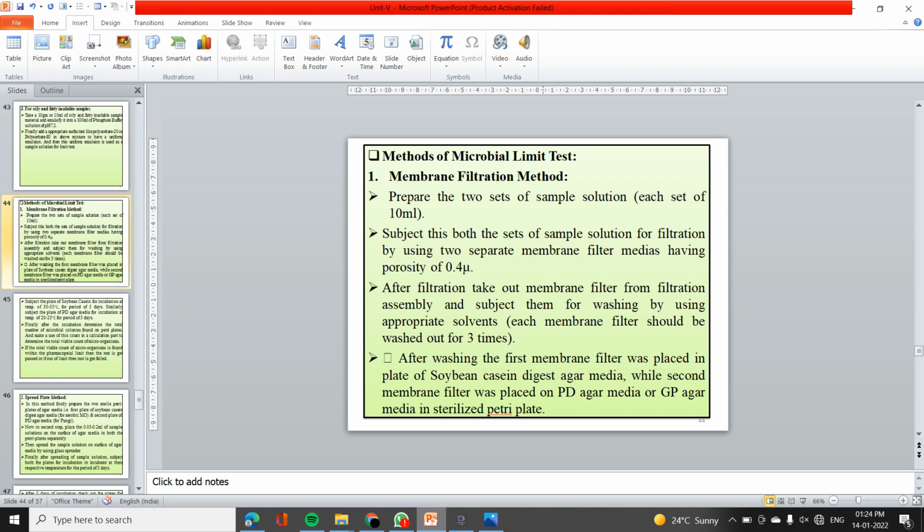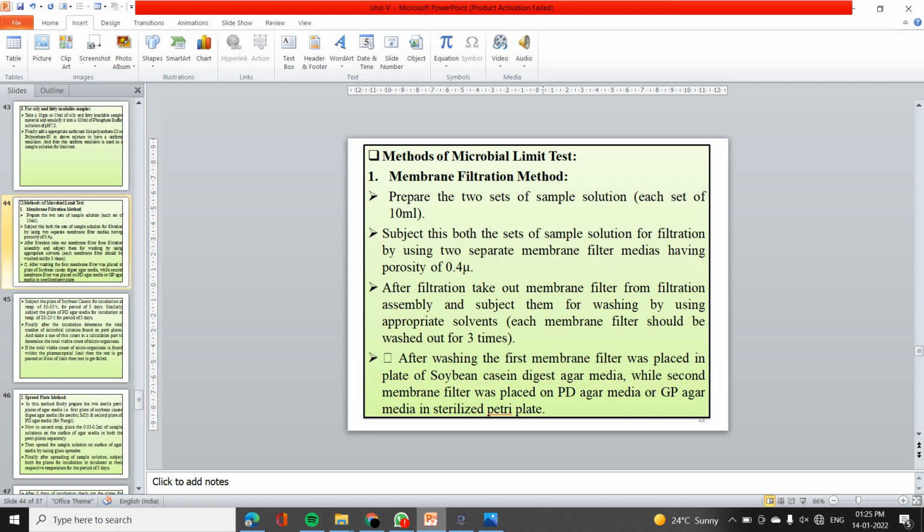Each membrane should be washed at least 3 times with the specified solvent, whatever solvent we require, water or any organic solvent, which should be used to wash the membrane filter three times.